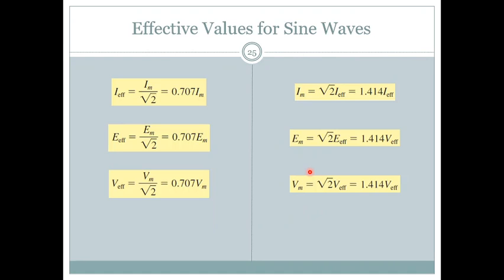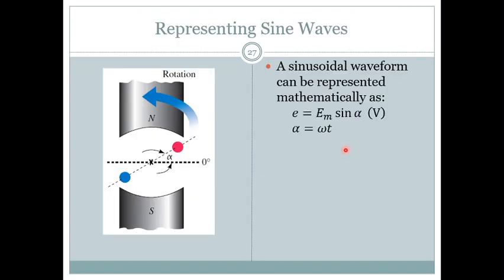So RMS is equal to the peak or amplitude over root 2. On the other hand, the opposite direction of that is the amplitude is equal to root 2 times the RMS, root mean square.